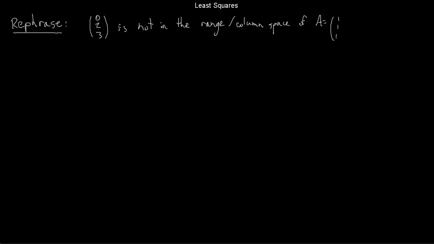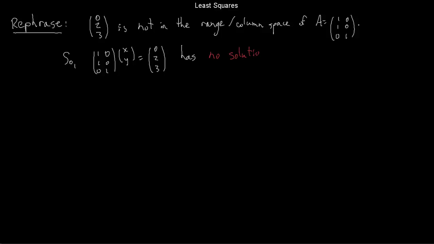Because the range of that matrix A is exactly the column space, and the column space is the vector space we wanted, the plane. So 0, 2, 3 is not in that column space, which exactly means that A times x, y equals 0, 2, 3 has no solution. This is an inconsistent system of linear equations. There's no solution at all. There is no exact solution.